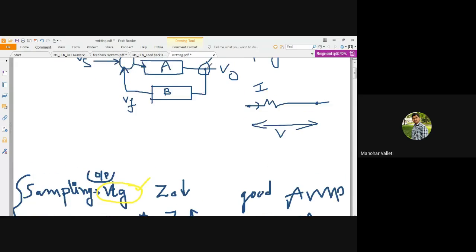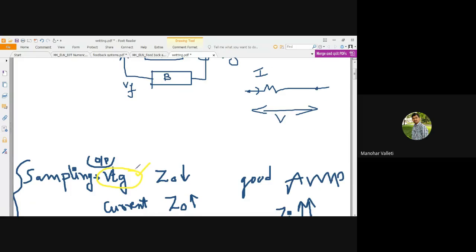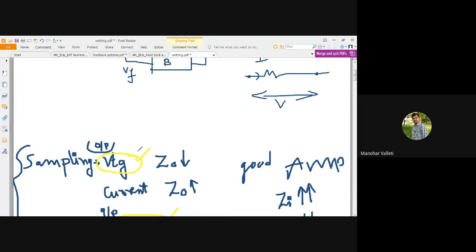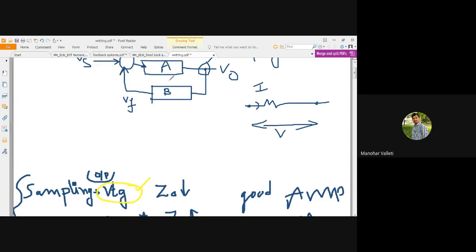So there are two ways of taking the output, voltage sampling and current sampling. If you do voltage sampling, then what is the effect at the output section? This will affect the output resistance or output impedance. Because of voltage sampling, the amplifier will have some output resistance.